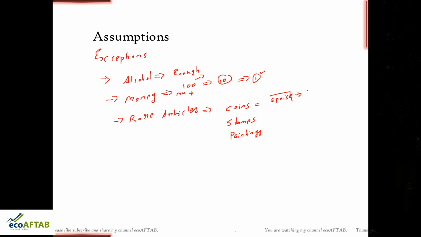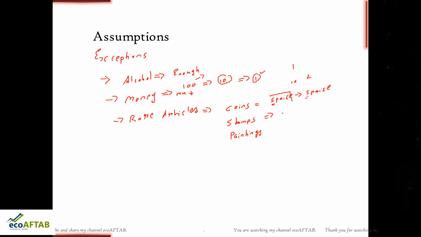Again, if he gets the same coin of 5 paise, what will happen? He will not have the same level of satisfaction. If he gets 10 paise, 2 paise, 1 paise, his satisfaction may increase. But if he is getting the same denomination again and again, definitely his marginal utility will decline.